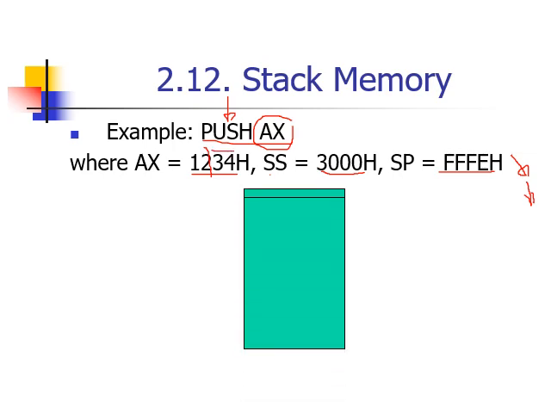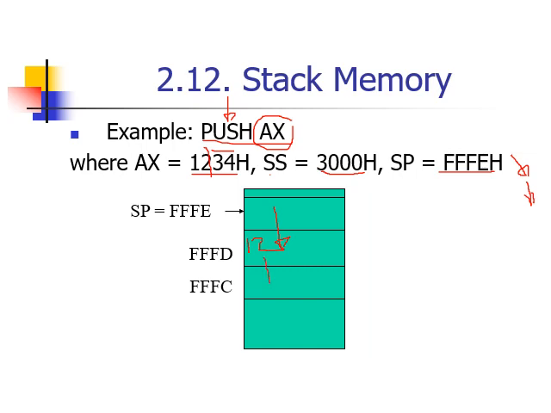Here is your stack. This is SP, the top of the stack. You go one location down to store the 12, and one more location down to store the 34.